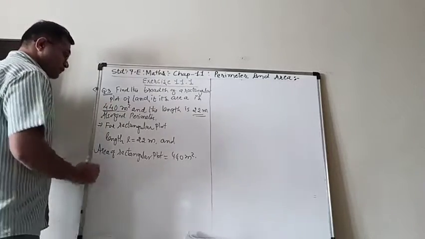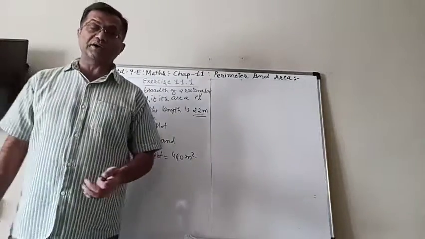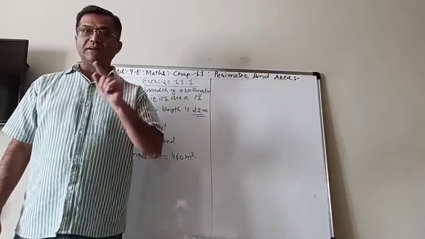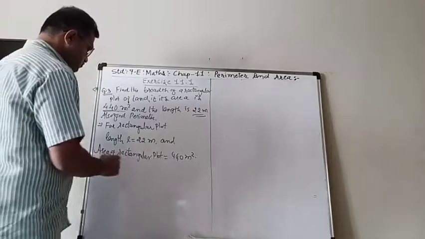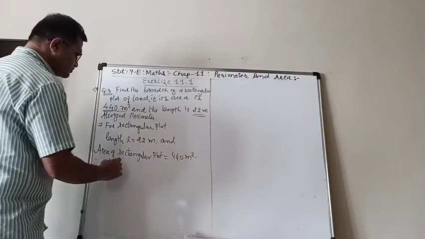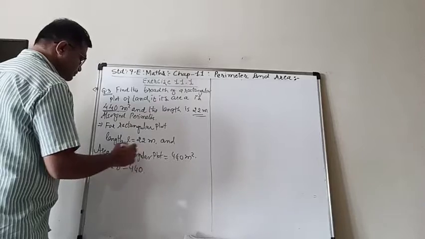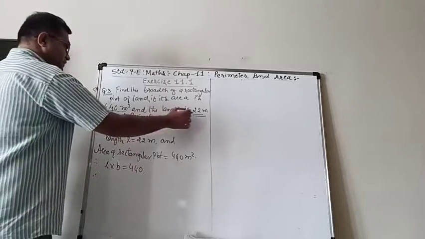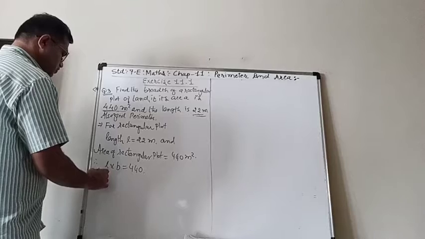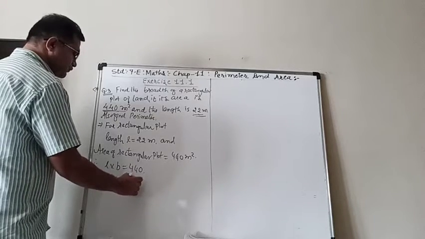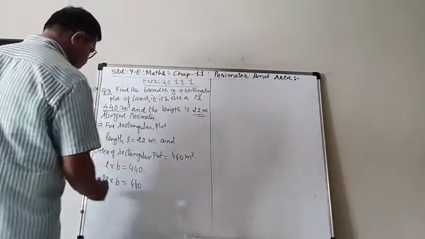So now we know the formula to find the area of the rectangle. What is it? It is L multiplied by B. So we can write down L multiplied by B is 440. We are given the length, so 22 multiplied by B is 440.